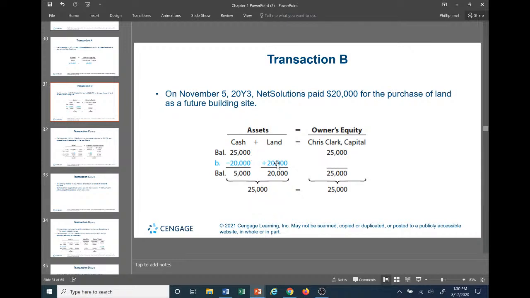The $20,000 was spent on land. Remember the cost concept. This is what the land cost us, so we're recording it on the books at $20,000. Hence the $25,000 overall assets. So look, we're still in balance here with the equation. Assets are still $25,000 to the owner's equity of $25,000. The only thing that's changed here is now we have two different types of assets.